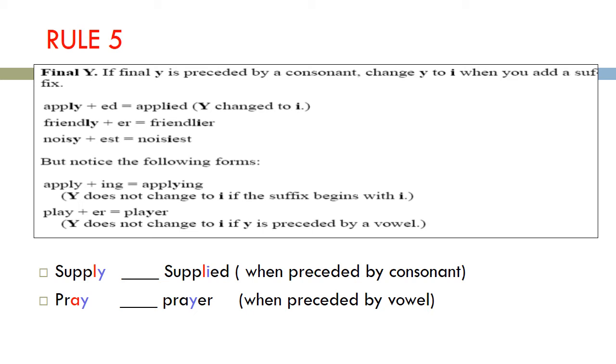So, if final Y is preceded by a consonant, change Y to I when you add a suffix. But notice the following forms: apply, applying. Y does not change to I if the suffix begins with I. Play, player. Y does not change to I if Y is preceded by a vowel.